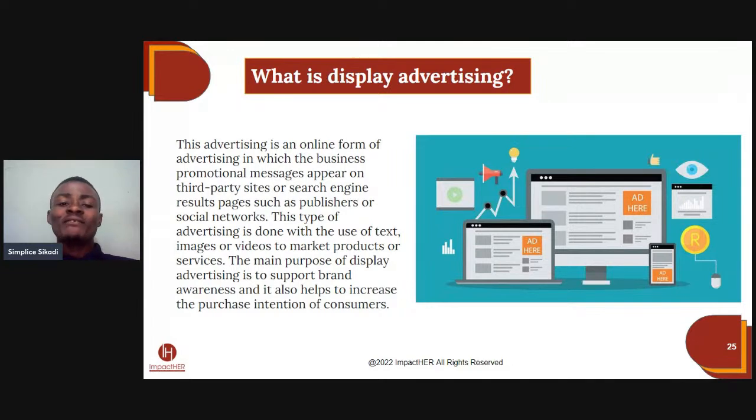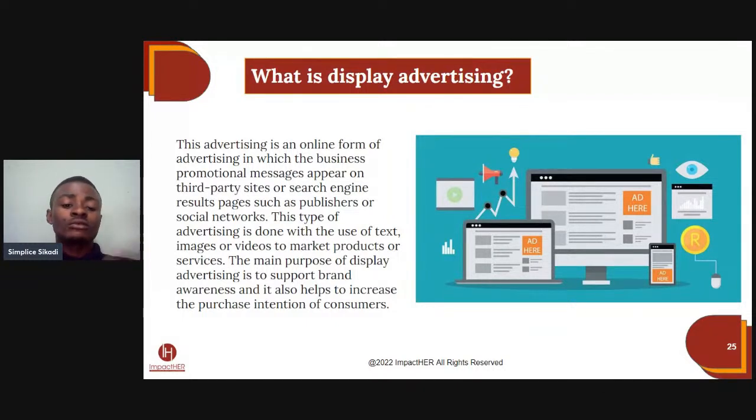Websites that can have as much as 1 million visitors per day, 2 million visitors per day. So you can decide to pay Google so that Google can take your product or your services to these websites. Since they already have high traffic, it stands high chances of having very high visibility on these websites. So that's the meaning of display marketing.